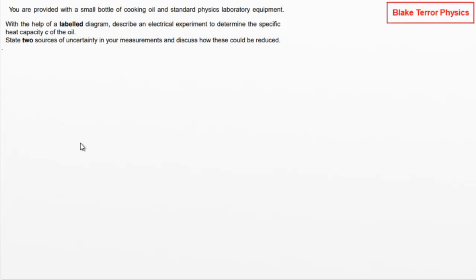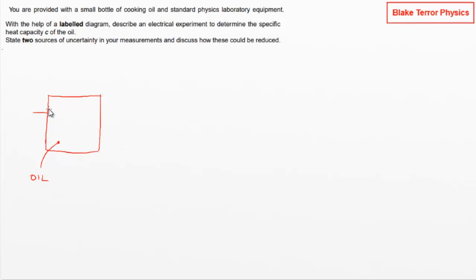Right, well, let's start with our setup then. So we're going to want to put the oil in some kind of insulated container. So we'll have to label all of this, but let's label it as we go along. Right, so this is the oil.